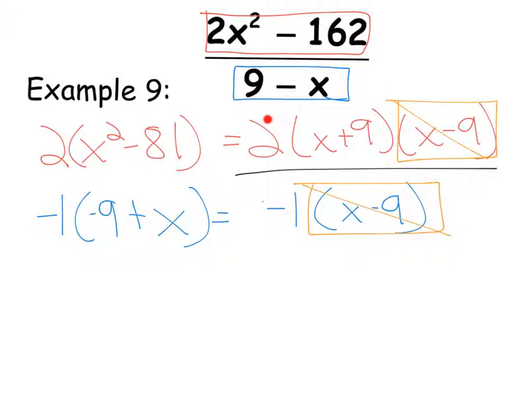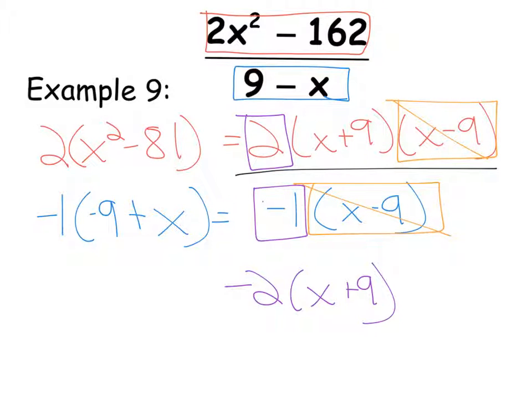And now we can take 2 divided by negative 1, right? So that is just going to be negative 2, right? And then we have x plus 9. It doesn't have a dancing partner. So we're just going to have negative 2 times x plus 9.